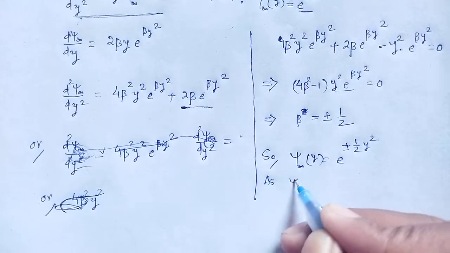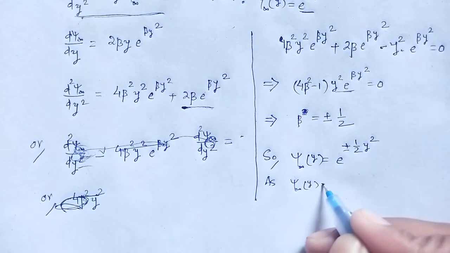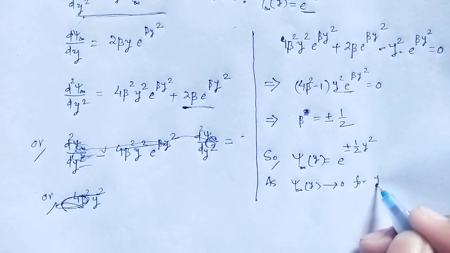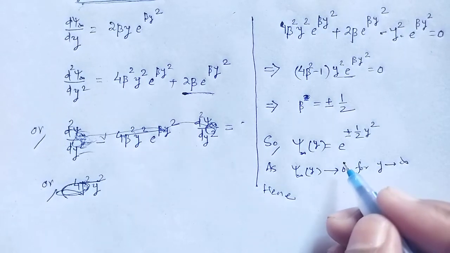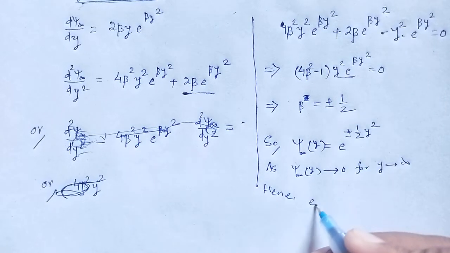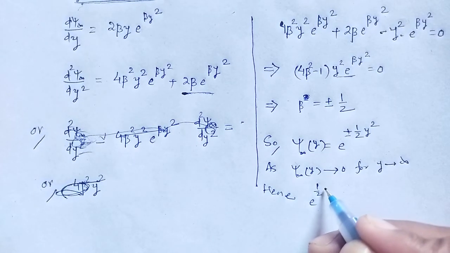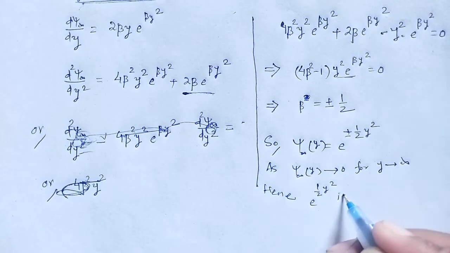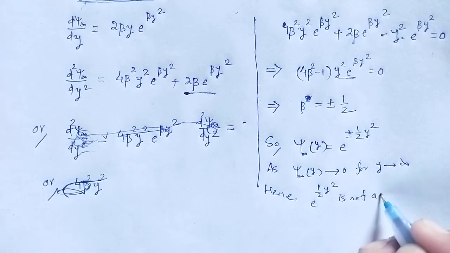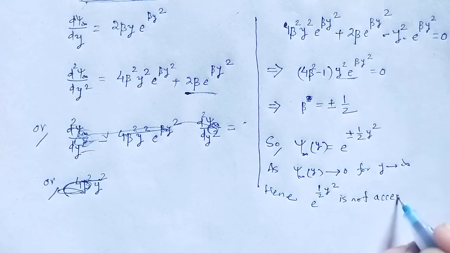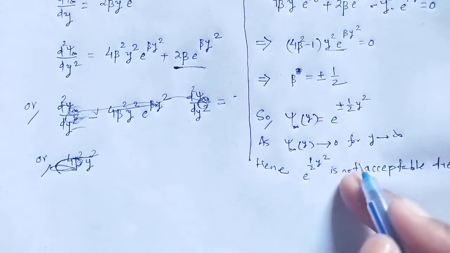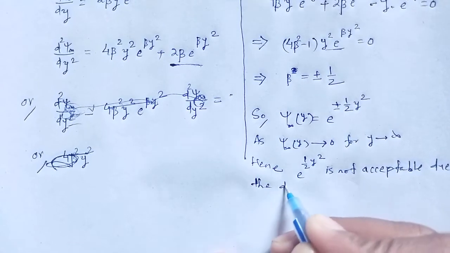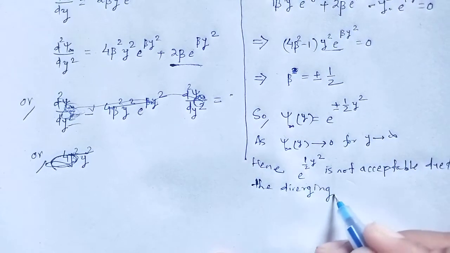As psi at infinity of y tends to 0 for y tends to infinity, the positive term, e to the power half y square, is not acceptable due to its diverging nature.